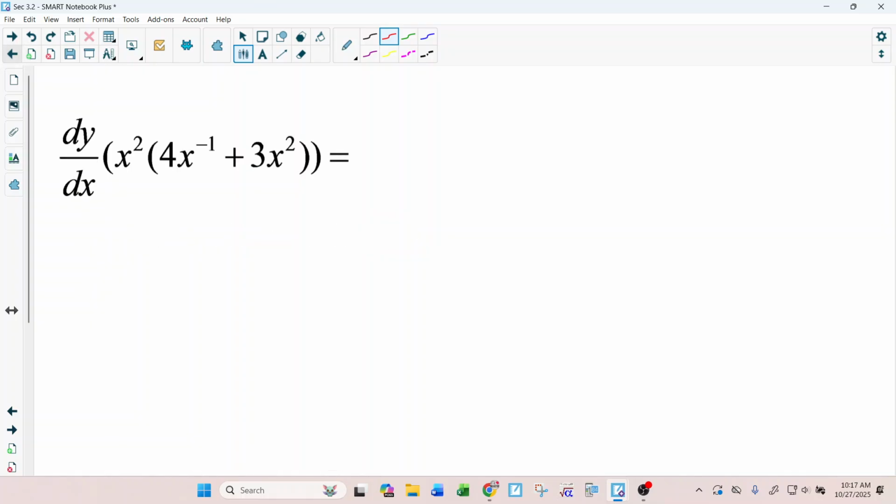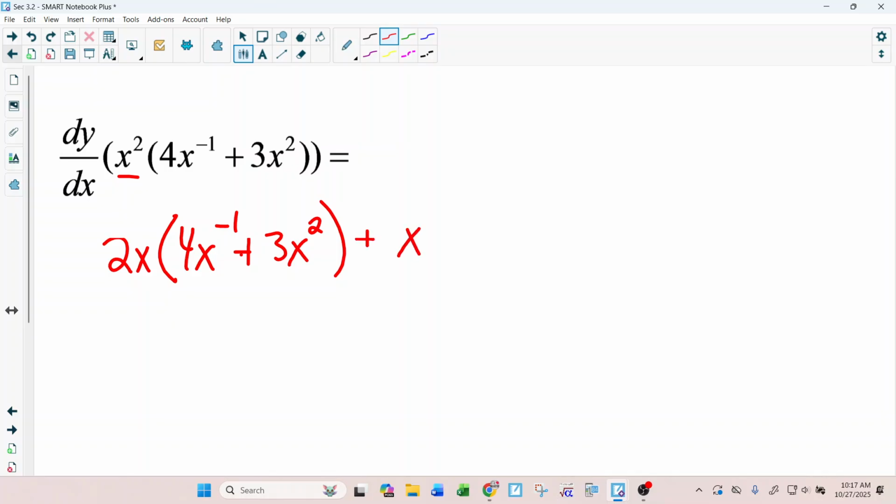You can't do that. So we have to understand. So let's walk through our product rule. Product rule says what? Derivative of the first times the second plus the first times the derivative of the second.